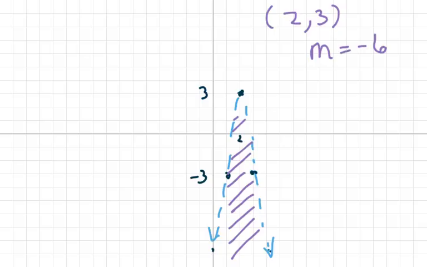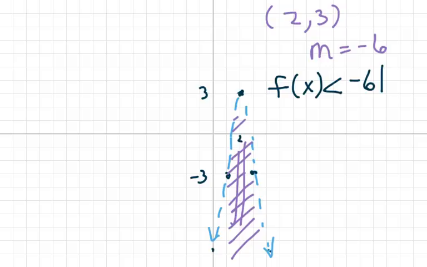And also we're shading down. So if you put your pen anywhere on the graph and you shade down, we're shading in this area. So that means we're going to write less than. It's less than my slope, -6.